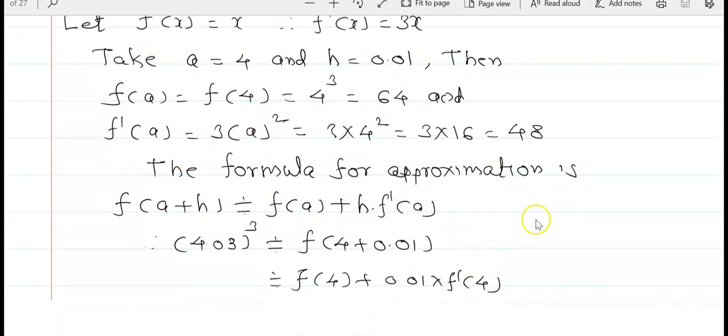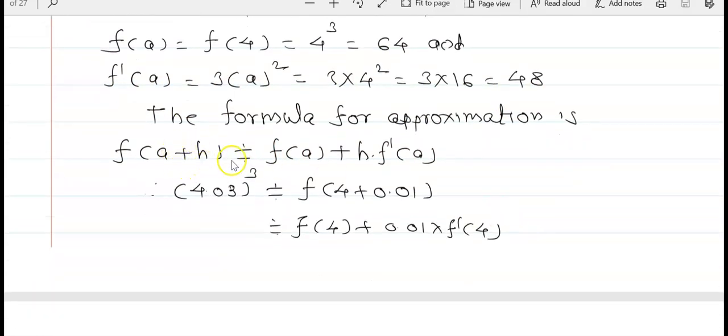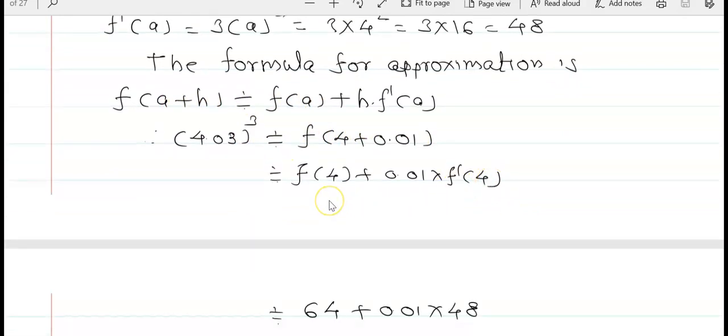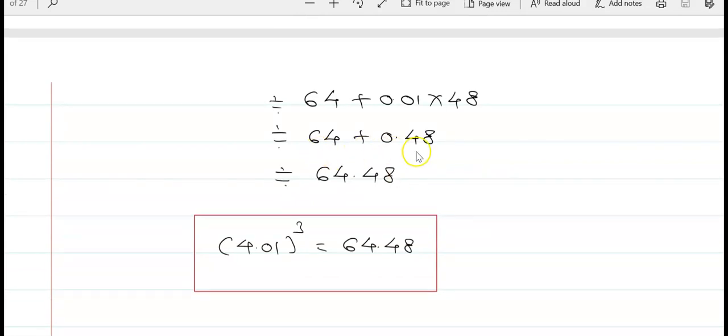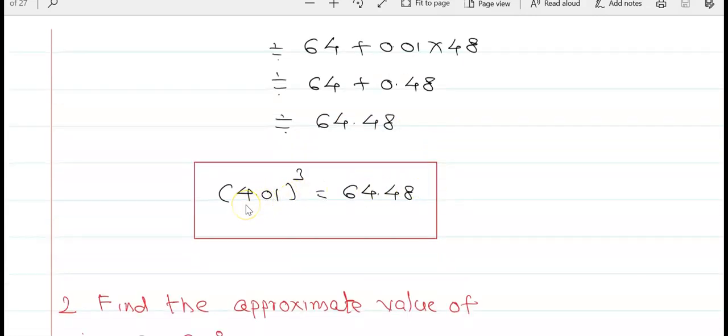By using the formula for the approximation, f of a plus h is approximately equal to f of a plus h into f dash of a, that is f of 4 plus 0.01 into f dash of 4, and that is equal to 64 plus 0.01 into 48, that is equal to 64 plus 0.48, and that's why 64.48. Therefore, the cube of 4.01 is equal to 64.48.